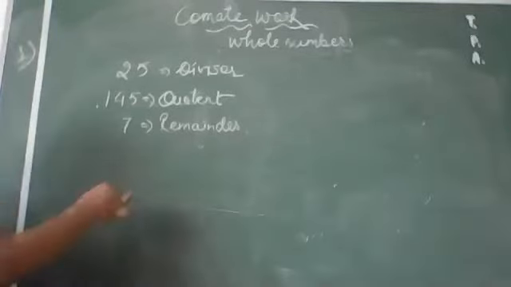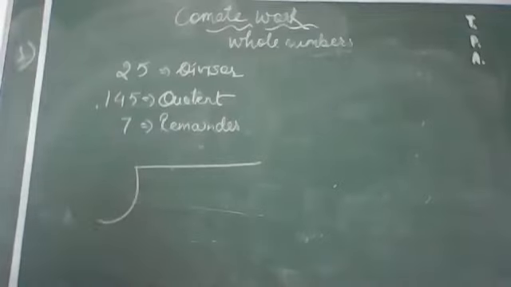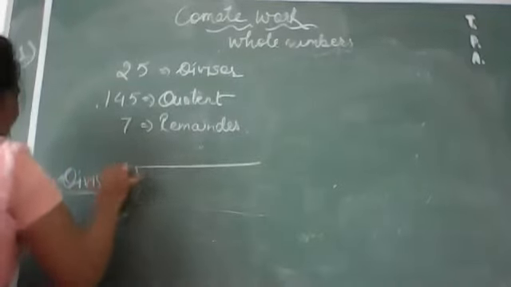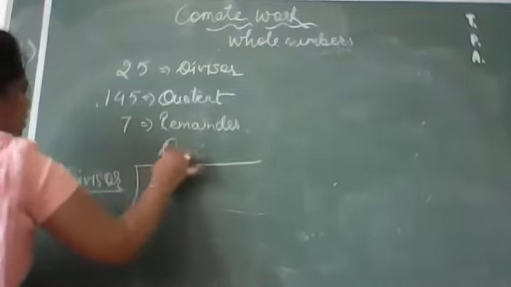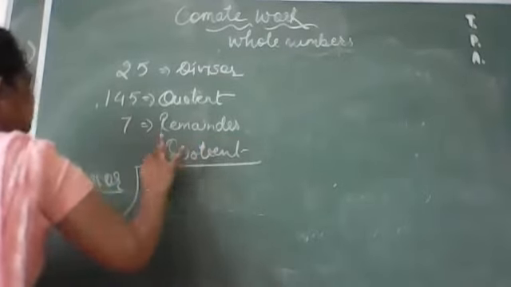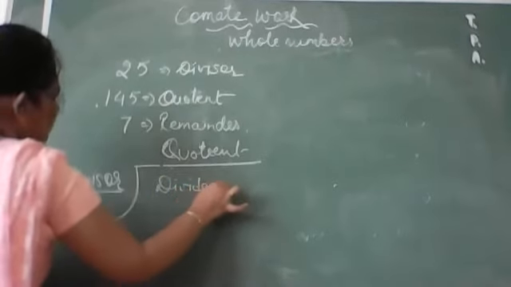Now always remember, whenever we do the procedure of division, this is called the divisor. This is called the quotient. This is called the dividend.